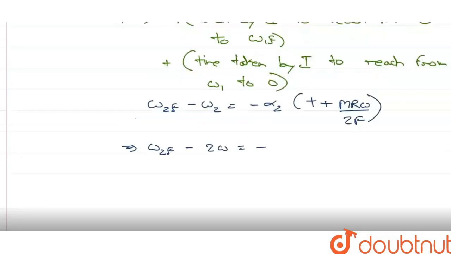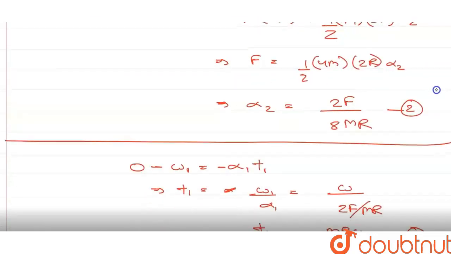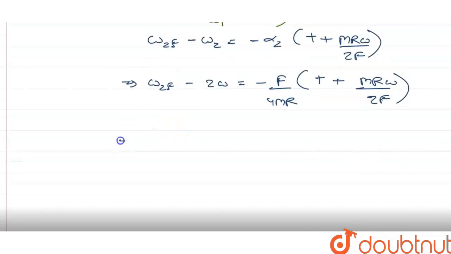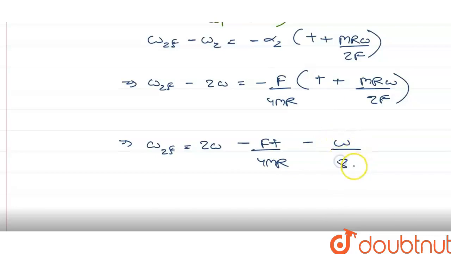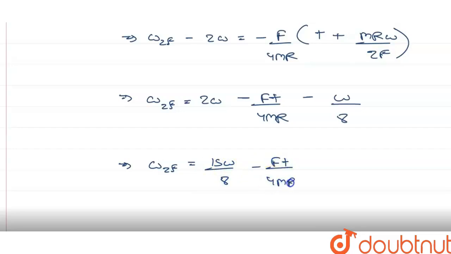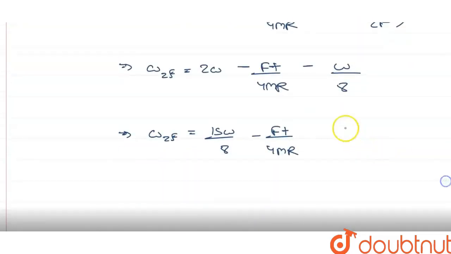The value of alpha 2 we calculated earlier, so alpha 2 is f by 4 mr, times t plus mr omega by 2f, which gives me omega 2f is equal to 2 omega minus ft by 4 mr minus omega by 8, which means omega 2f is equal to 15 omega by 8 minus ft by 4 mr. This will be equation number 7.